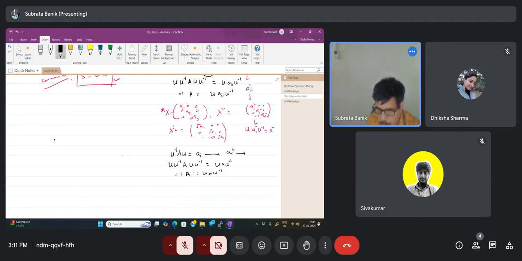So the same procedure we follow. We get A square, and the transformation matrix is exactly the same. For diagonalization, we take the inverse of the unitary matrix on the left side. The undiagonalization is just the opposite: on the left side you put the unitary matrix, and on the right side you take the inverse of the unitary matrix. It's just the opposite transformation. The u must be the same.